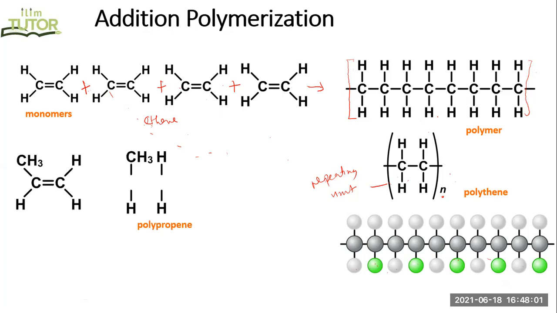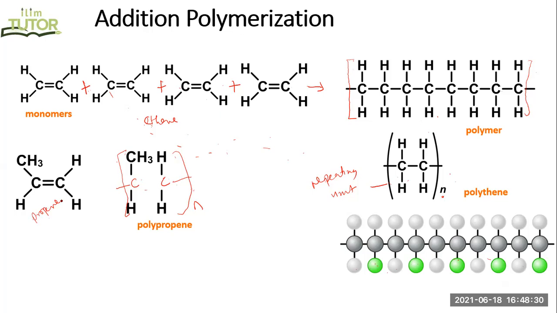Another example that we could have is polypropylene. I put a C here. This is the repeating unit for this. Another repeating unit. I can just put an n. So this is propene, which is a monomer. Then I could have polypropene.